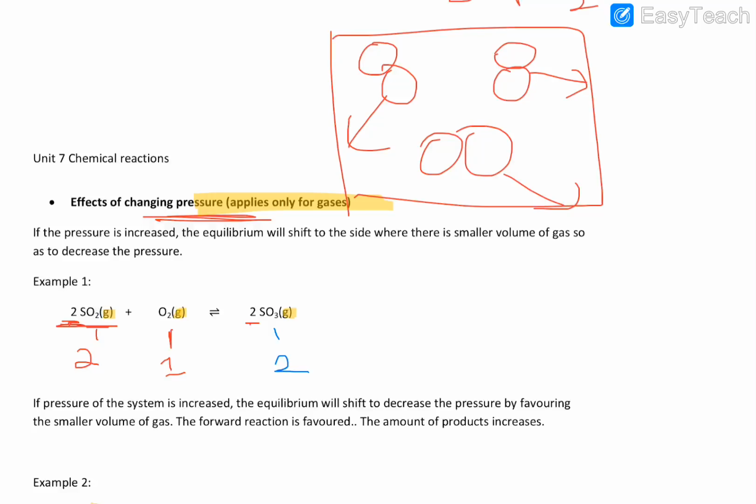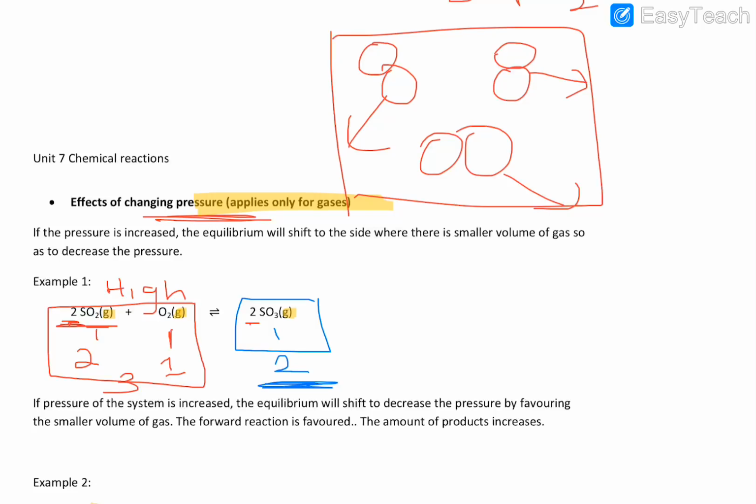So if I compare the pressure on the reactant side, 2 plus 1, there's 3 particles, which means that we have high pressure here. And if I look at the product side, I have only 2 particles, which means I have low pressure.